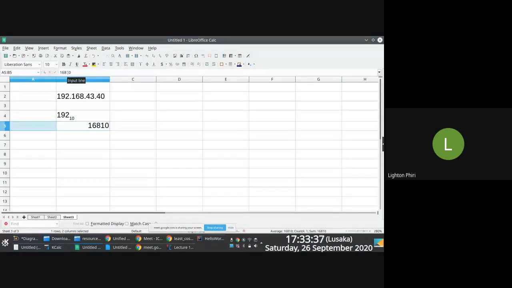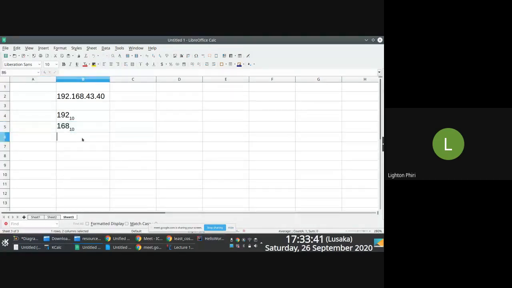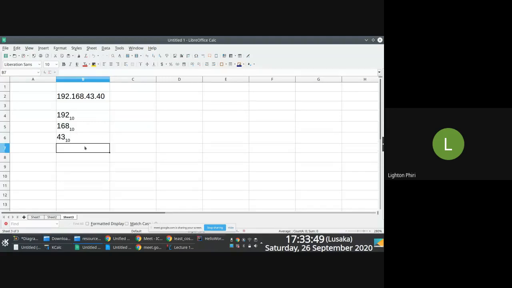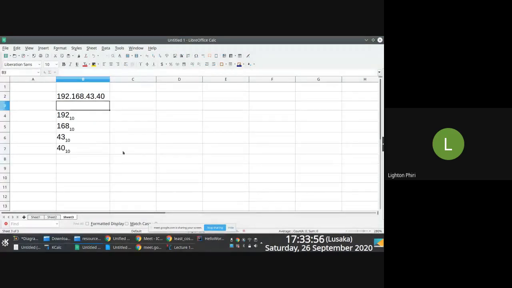And then you'll have to convert 43 base 10. And then finally you have to convert 40 base 10. So for such a question, converting 192 to hexadecimal is not a problem. All you do is you take advantage of repeated division.